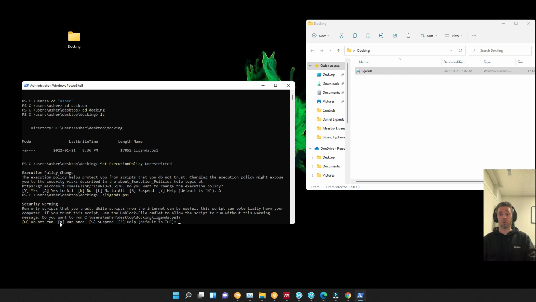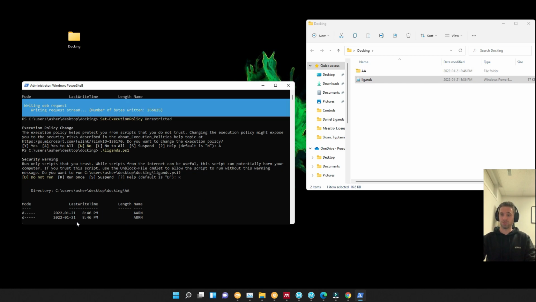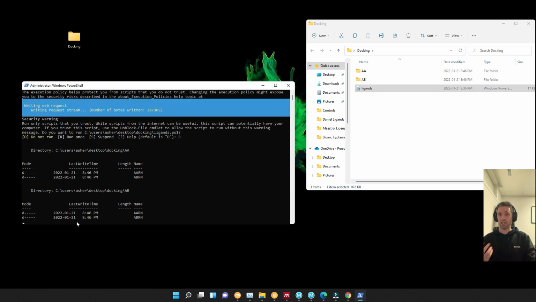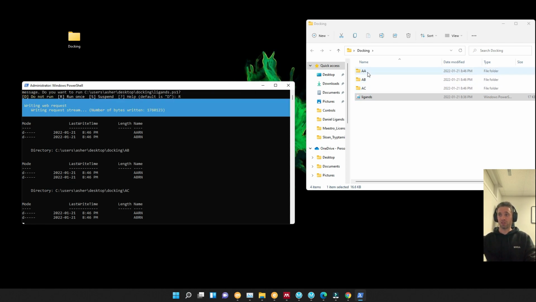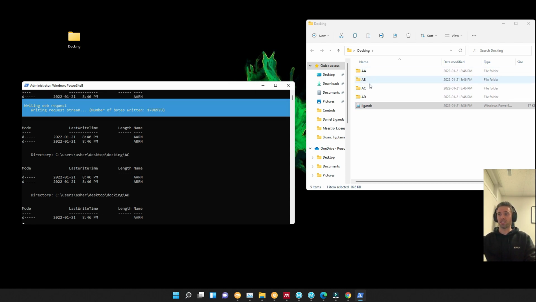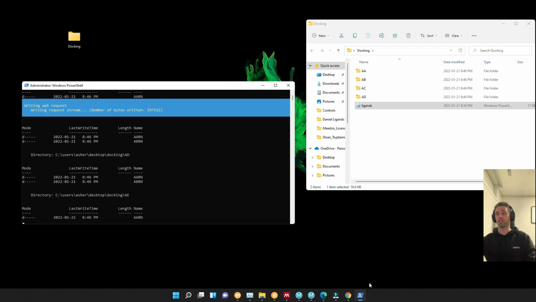It'll ask us what we want to do with this file. We want to run this once, so that'll be the command R. Great, this is working. Now what it's doing is in this folder, notice how it's making all of these subfolders. All of these subfolders are the actual tranches that we're downloading.